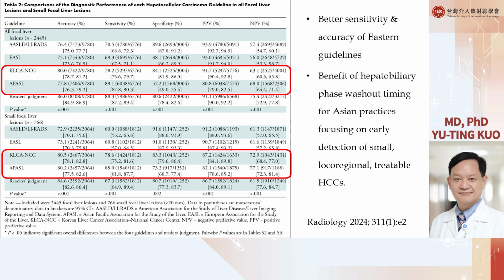For small lesions with similar features, the sensitivity increased from 60% to about 80%, but the specificity downgraded from 90% to 83%.